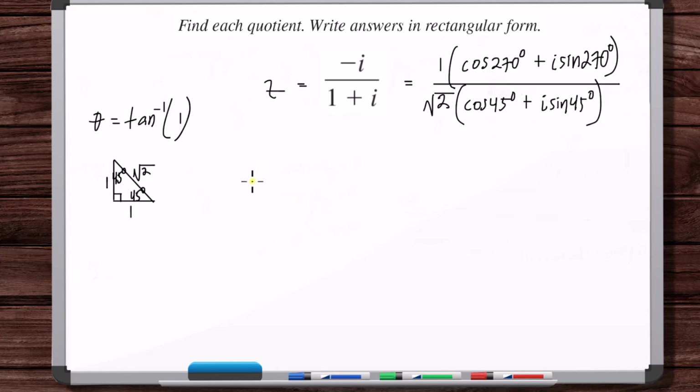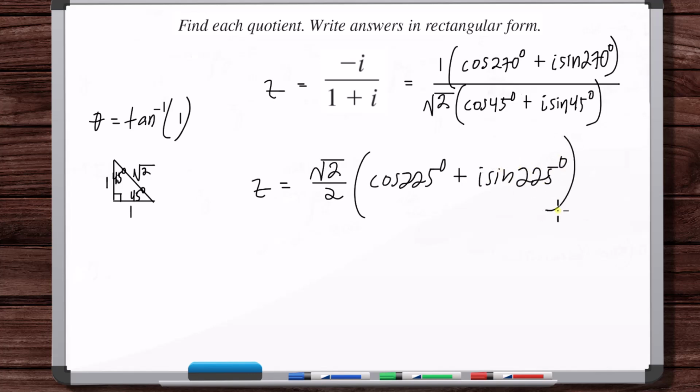Now doing this division, we've got 1 over root 2, which we know is going to be root 2 over 2, times, 270 minus 45 is 225. So cosine of 225 plus i sine of 225. 225 is in the third quadrant with reference angle 45 degrees, so both components are negative.